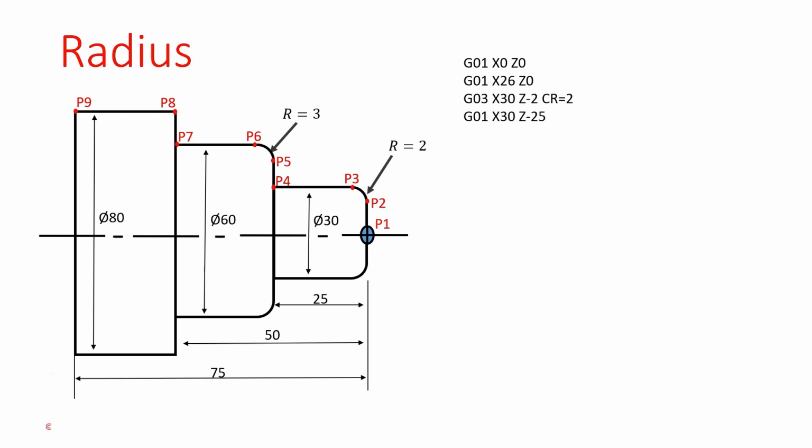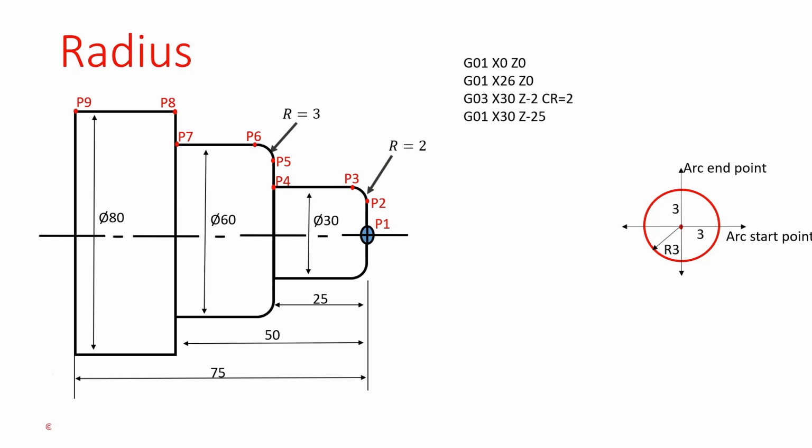I will draw one circle. This circle radius value is 3. This arc is suitable for our arc. This is the center point of the circle. From this point to the arc start point, length is 3. This is also 3. 3 is the radial value, but we are writing the program diametrically.